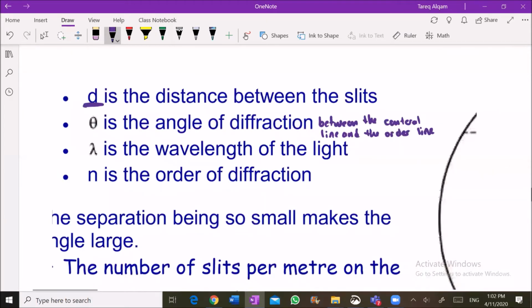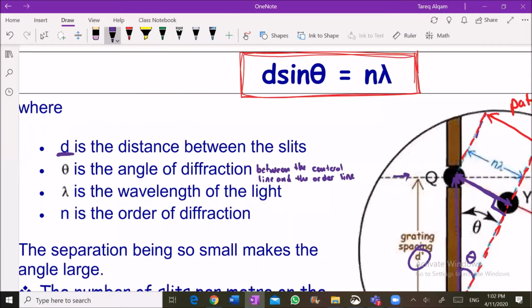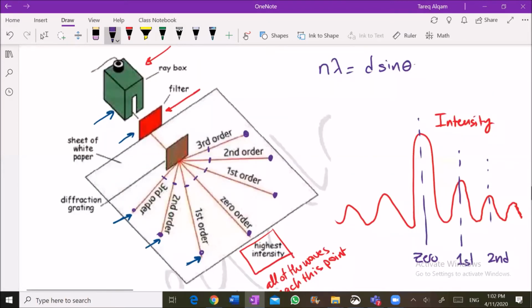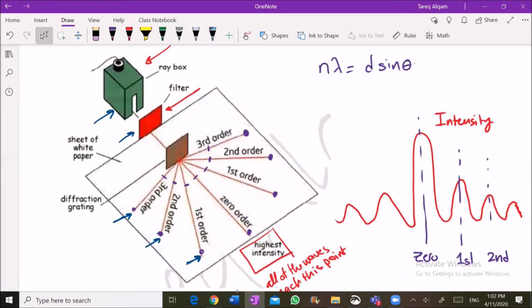What does this mean? Let me go back here. We have n lambda equals d sine theta. Guys, look here to the order. Let me discuss the order first of all. The central is called the zero order.